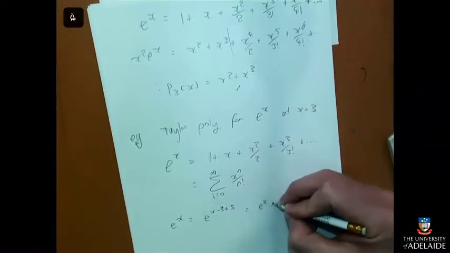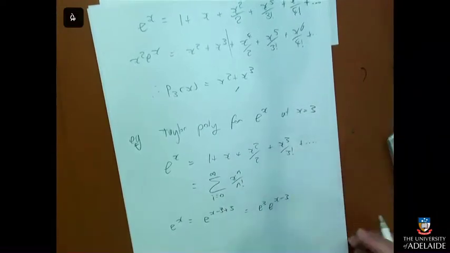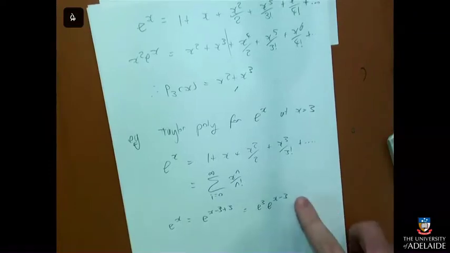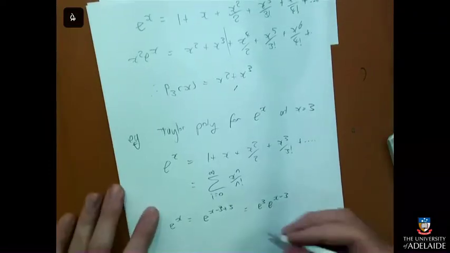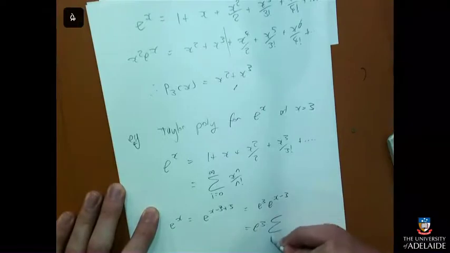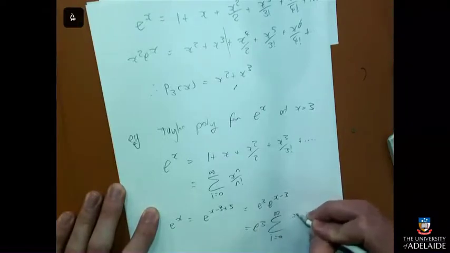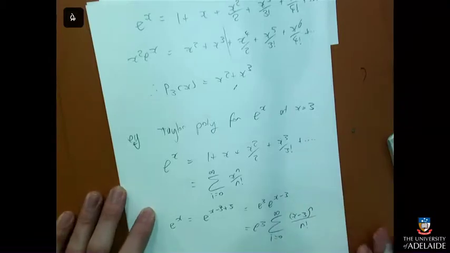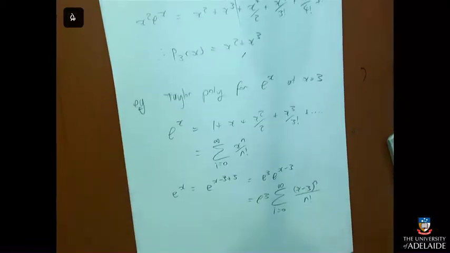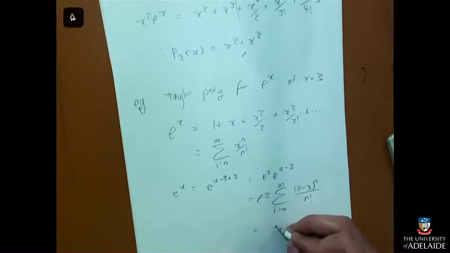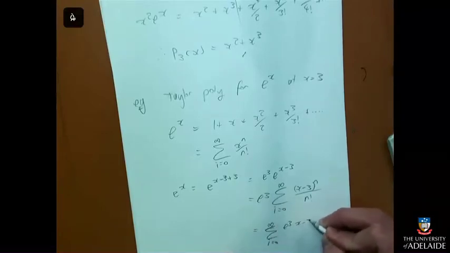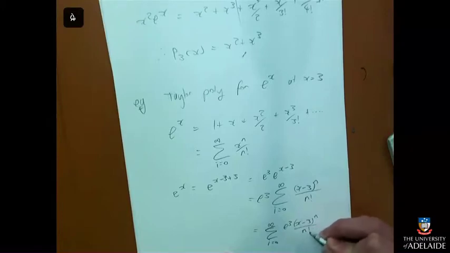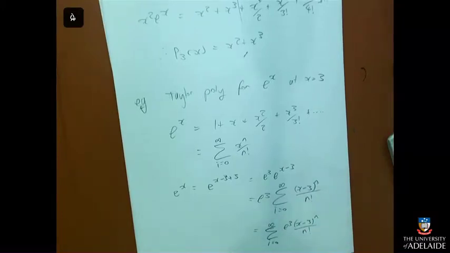That's e to the 3 times e to the x minus 3. And e to the x minus 3 is what I get when I sub in x minus 3 into that formula. So that's e to the 3 times the series. Yay, done. That's it.